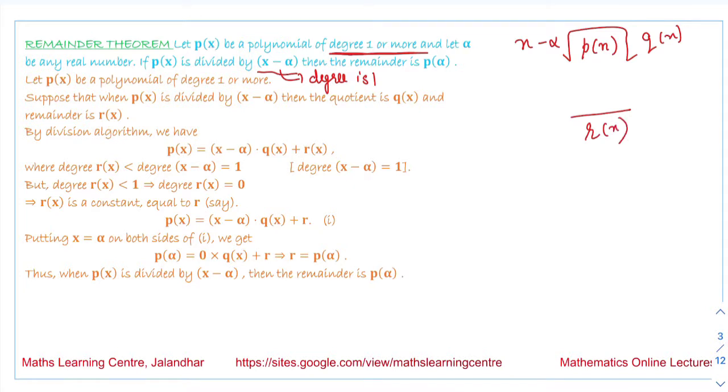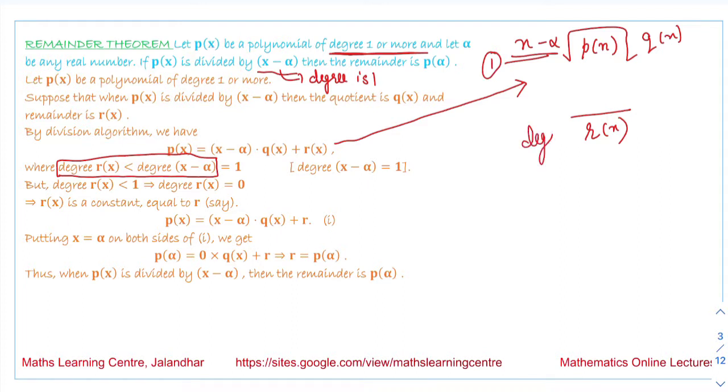Now from the division algorithm we can say that p(x) is equal to (x minus alpha) times q(x) plus r(x), and the second condition is that the degree of r(x) is less than the degree of x minus alpha. The degree of x minus alpha is 1, so the degree of r(x) is less than 1. It means the degree of r(x) is 0.